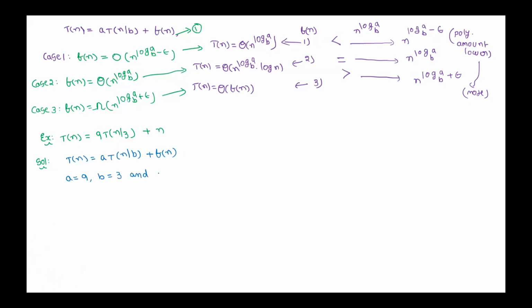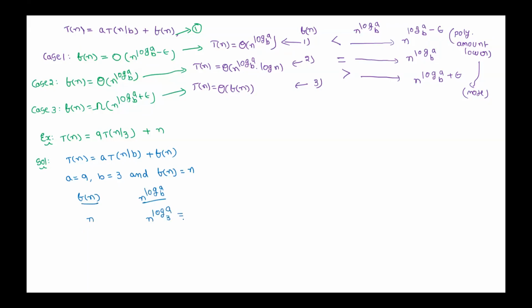And f of n is n. Now every time, what do we need to compare? F of n and n power log a base b. What is f of n here? n. What is n power log a base b? n power log 9 base 3.